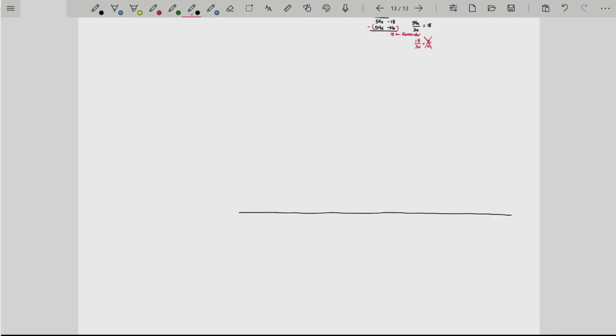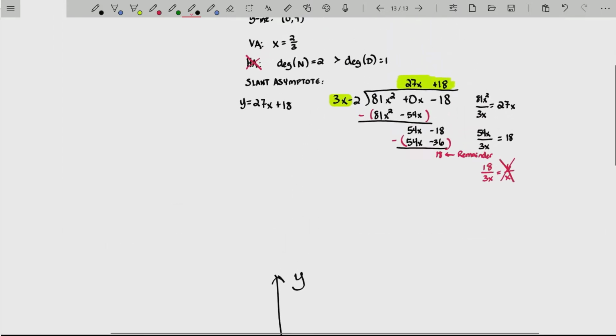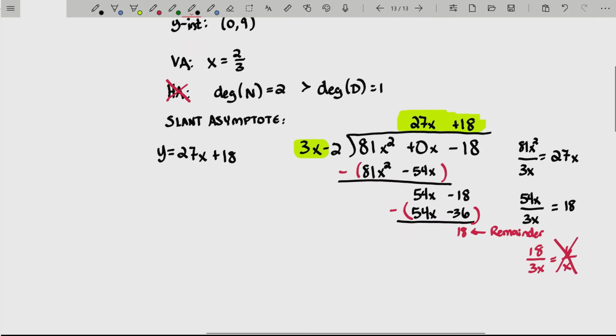This is always the case when you're dealing with slant or oblique asymptotes: things can get out of control very quickly. So I would recommend graphing that first, to where you can see it cleanly on your paper.